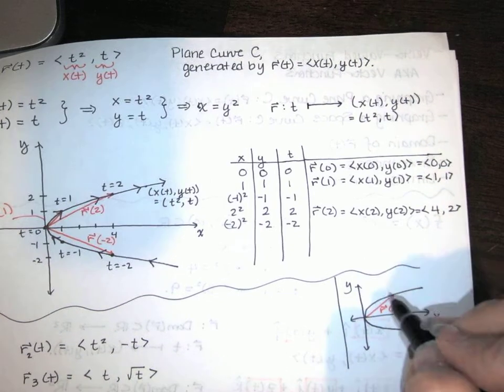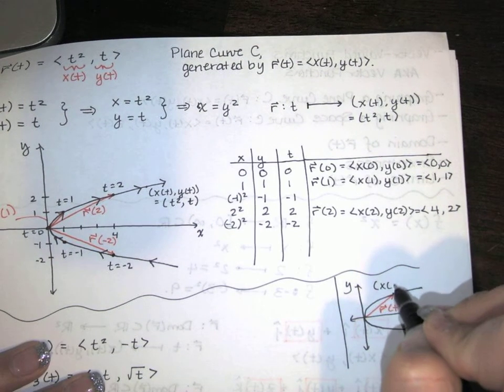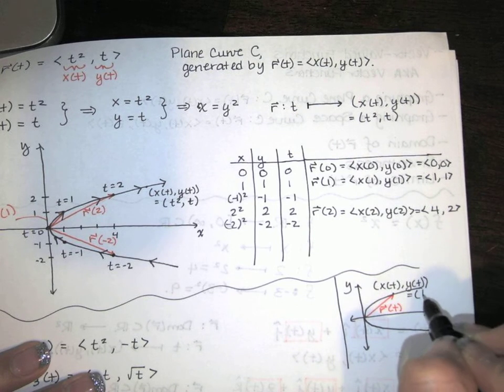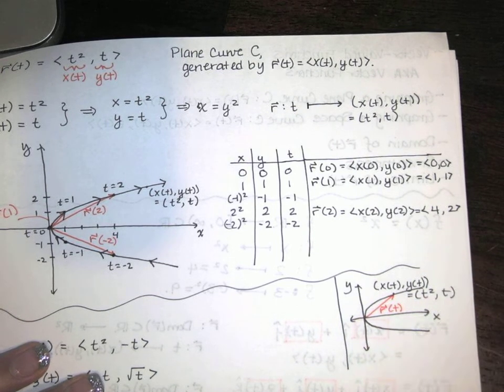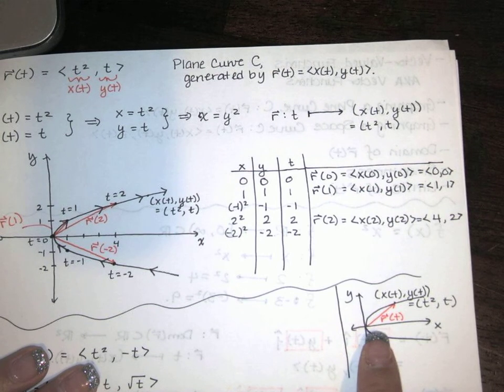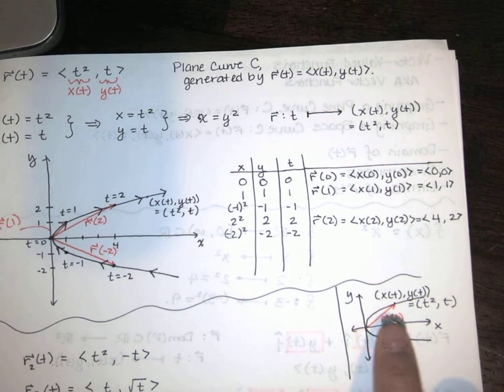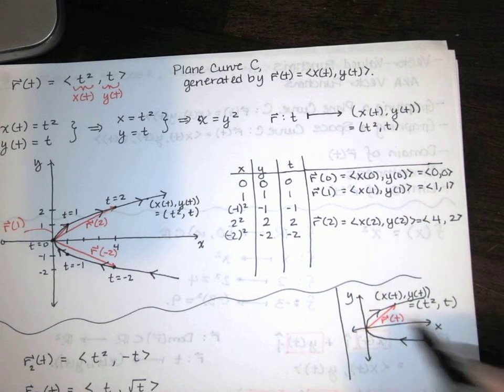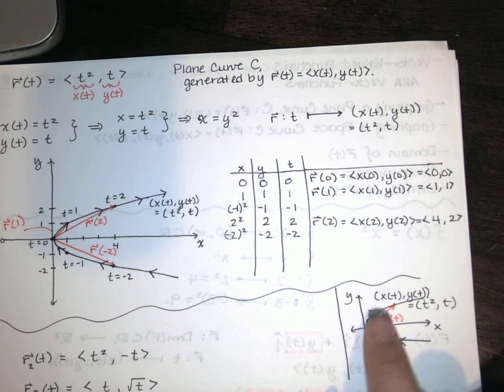And that location is given by the point x of t, y of t. And it has coordinates t squared and t. So r of t is saying at time t, you are at this location. And as t increases, we go this way. And that is indicating the orientation of the curve.